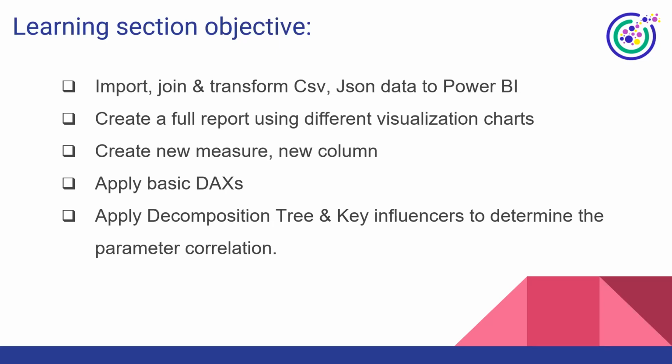And then we apply a little bit of the decomposition tree and key influencer to determine which parameters are most important for one target we define, and what is the correlation between different parameters.